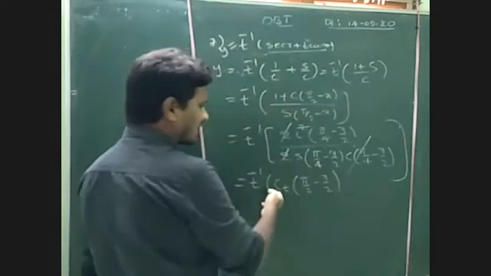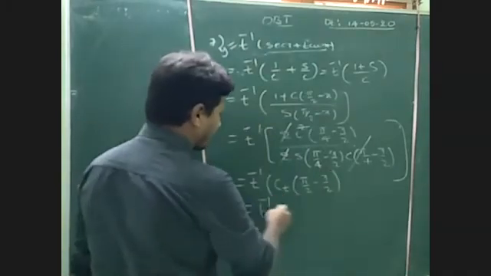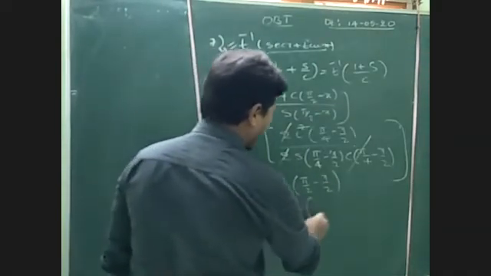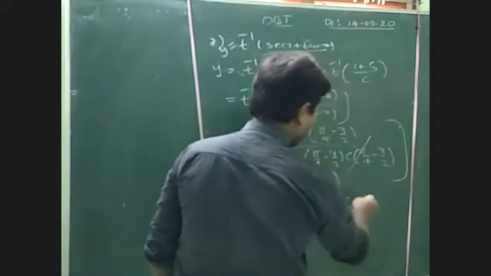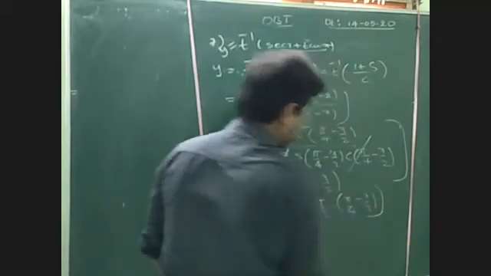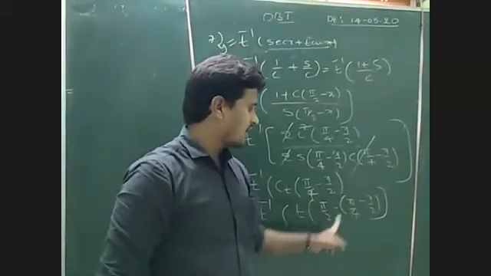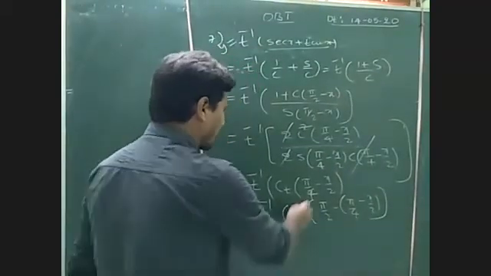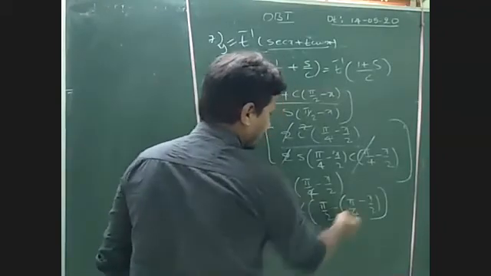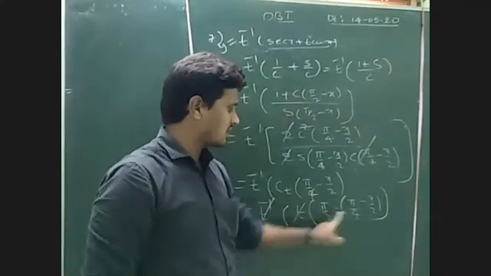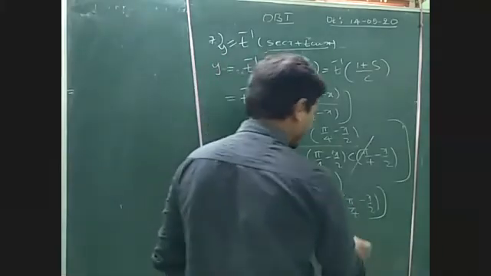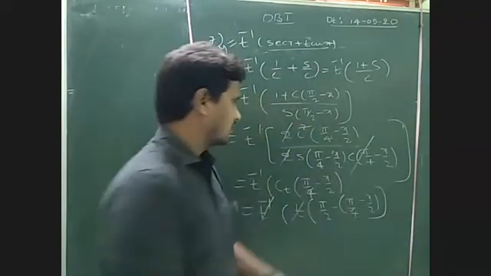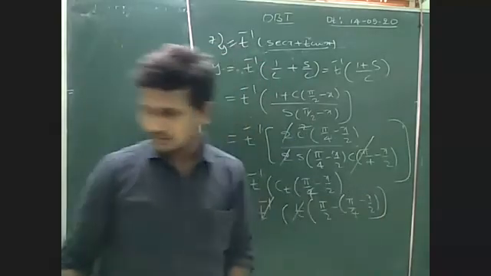After that you can change cot again to tan of 90 minus theta, that is tan of pi by 4 plus x by 2. This tan gets cancelled. The pi by 4 is a constant, and the derivative of a constant is 0. Again we get the answer. What is the answer? 1 by 2 is the answer.